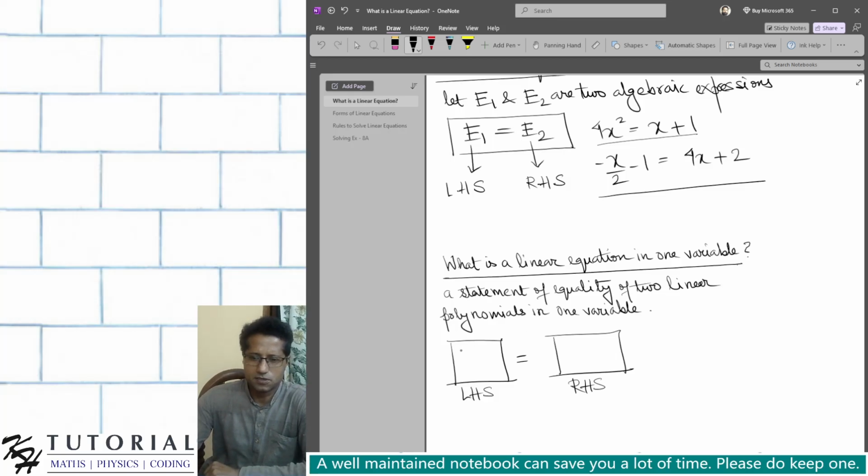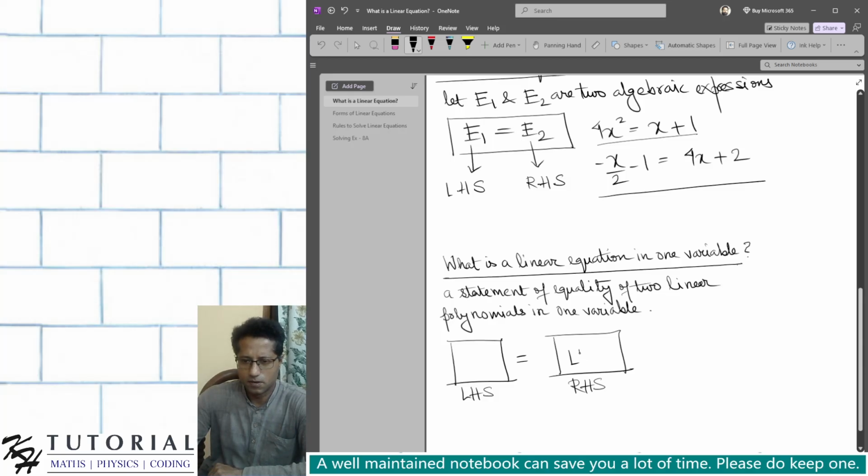Actually, the expression on both sides must be a linear polynomial. Let me call a linear polynomial LP. So on the right hand side we have LP2, and on the left hand side we have LP1.